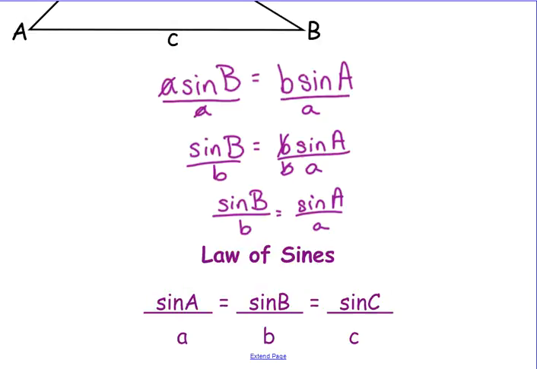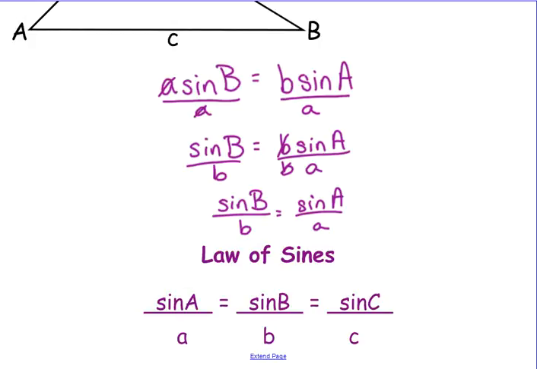Now, we're not going to end up with an equation that has two equal signs in it because that's not actually mathematically correct. But what you can do is pull out any two pairs that you need. I can do it with A and B, I can do it with B and C, or I can do it with A and C. It just depends on what information I'm given about the triangle.